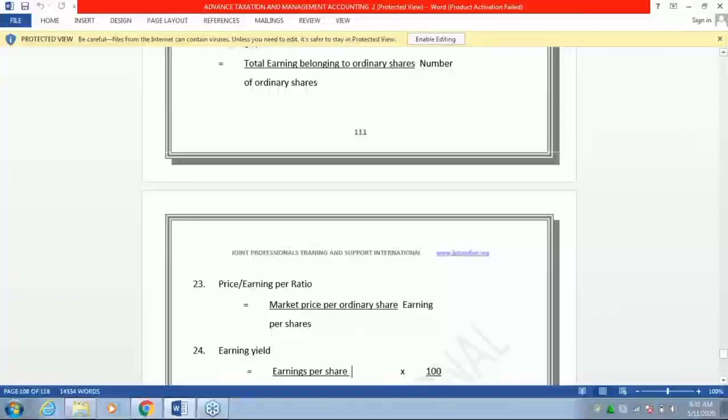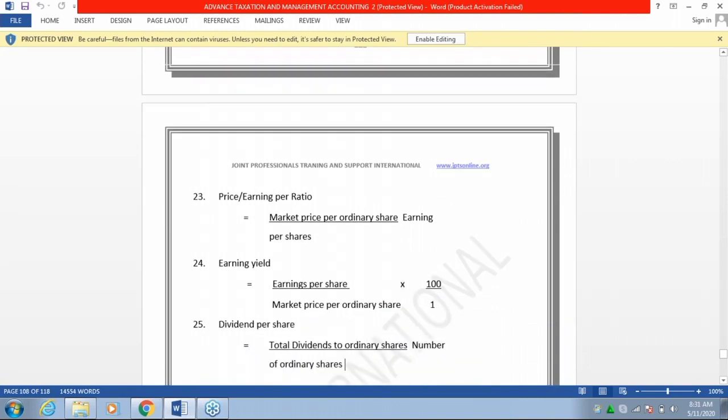Then we have the price earnings ratio. That is the market price per ordinary share all over earnings per share. Then we have earnings yield. We have the earnings per share all over market price per ordinary share multiplied by 100.